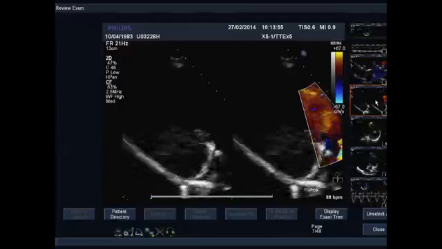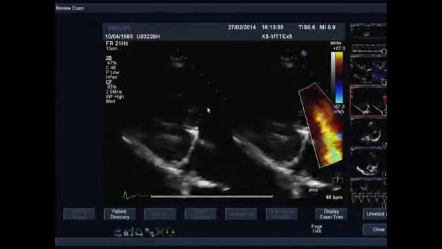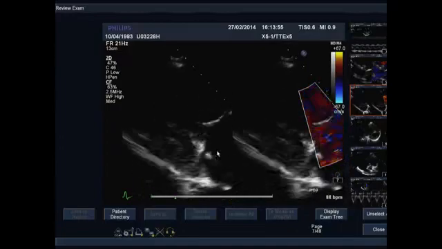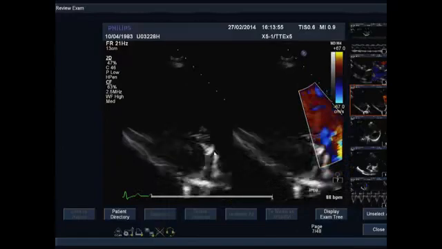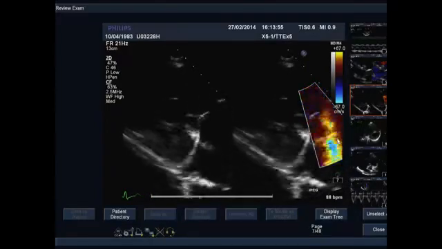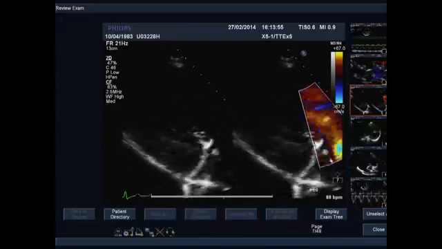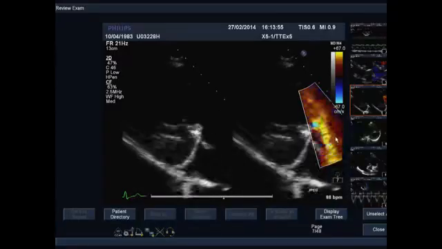If I show you that with the color Doppler, you can see the tricuspid valve. Normally you have the interatrial septum here, but you can already see some very strange flow going through the interatrial septum, and you will suspect that there is an ASD at this level.